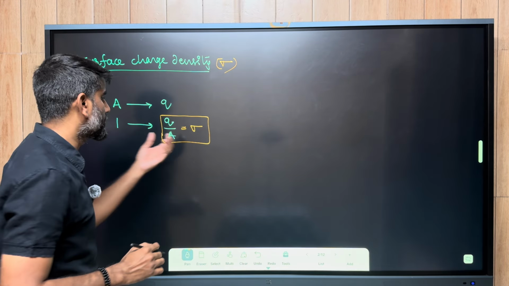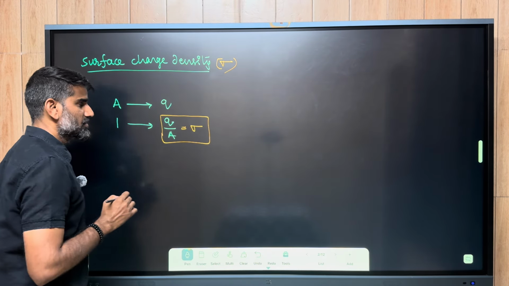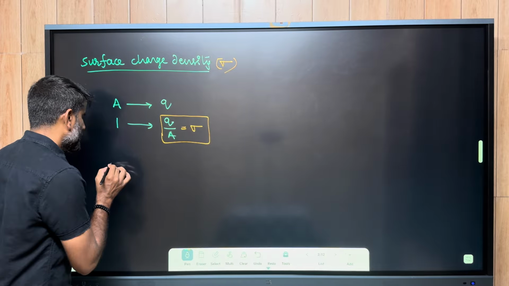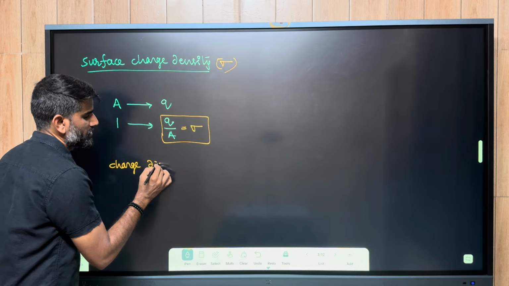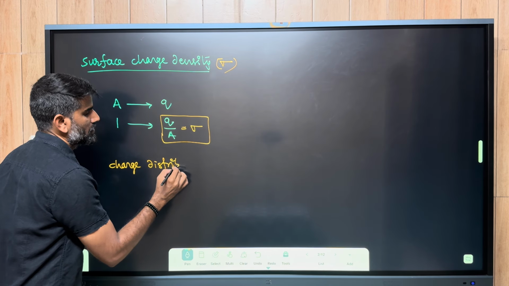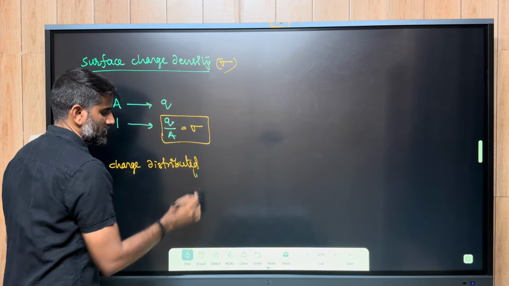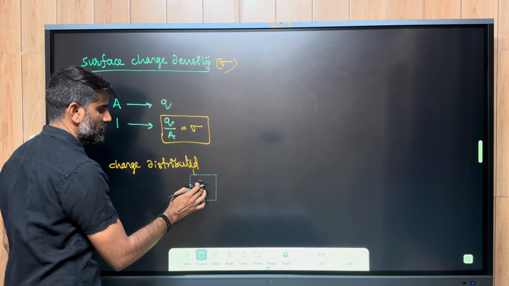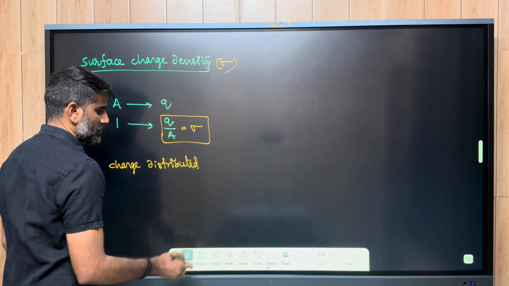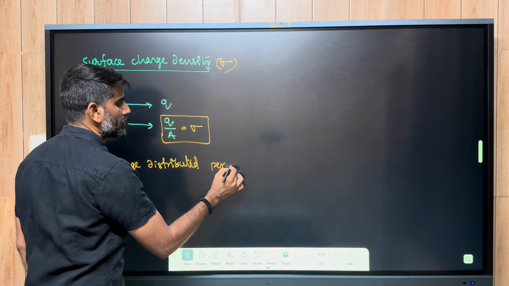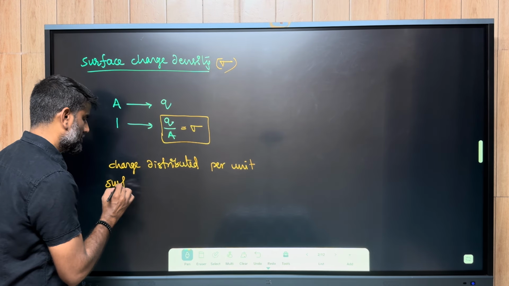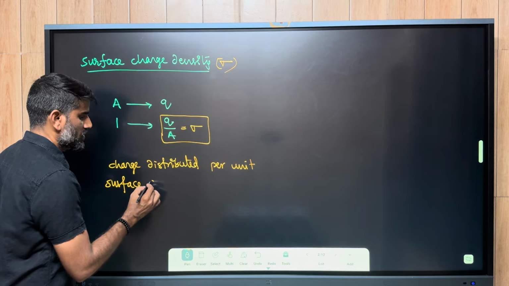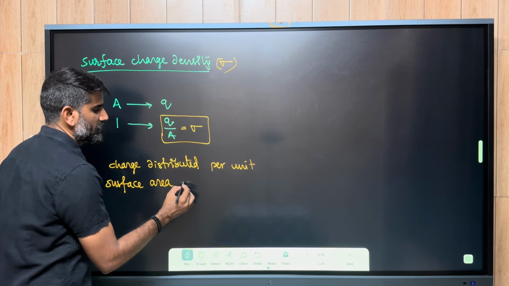So how do we define surface charge density? Surface charge density can be defined as the charge distributed per unit surface area.